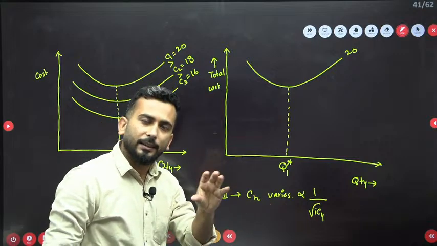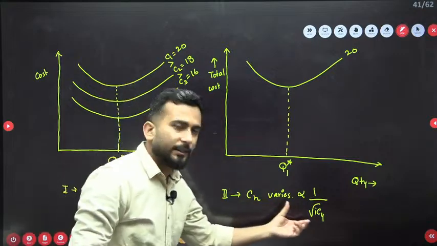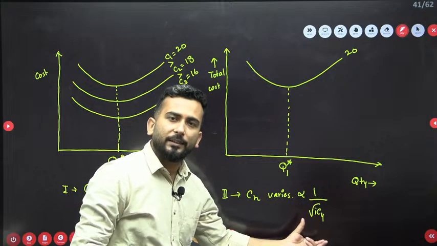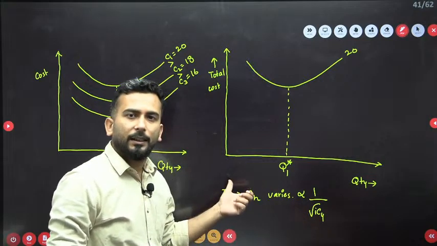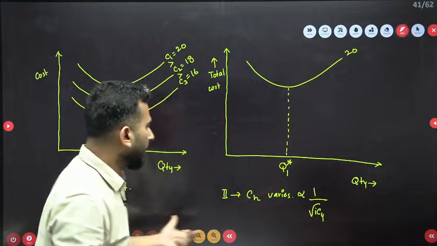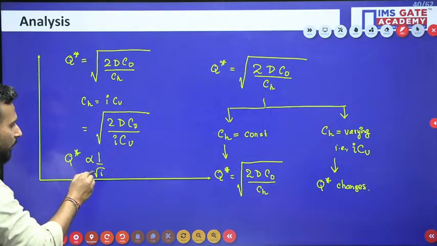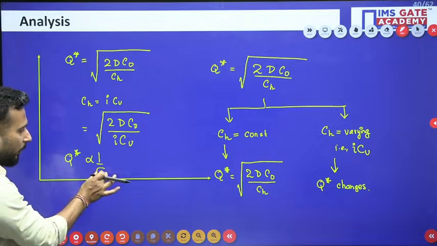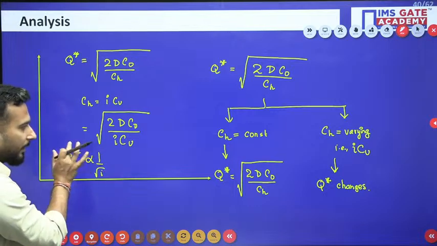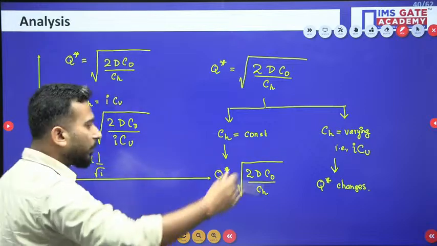Because it is in the denominator, when something is decreasing, your quantity will increase. Yes or no? Why? Because quantity is proportional to 1 by I. If the unit cost decreases, Q star will increase. When it increases, it will move to the right.